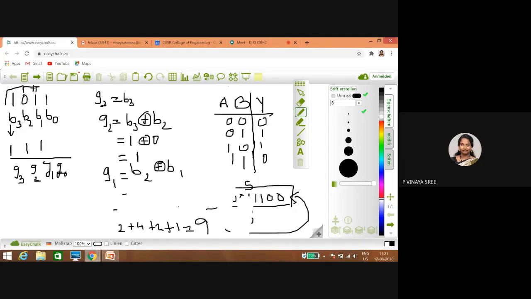Next, G0 is B1 XOR B0. B1 is 1 and B0 is 1. When 1 is XORed with 1, you will get the answer 0.